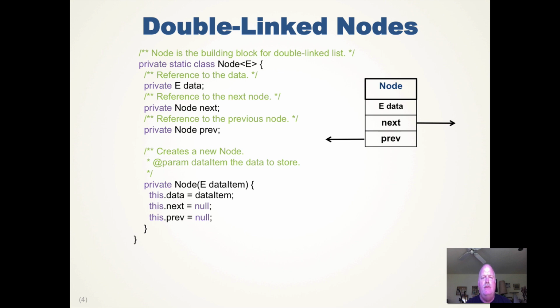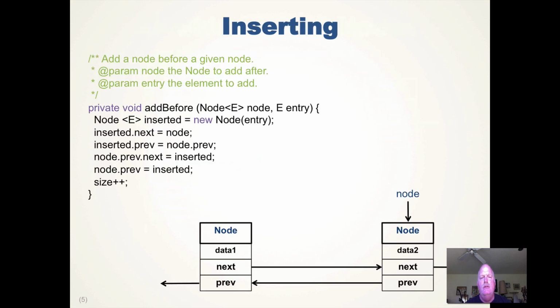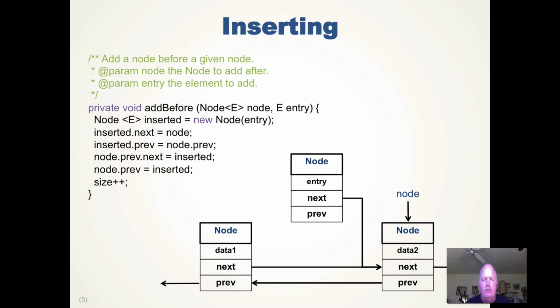So what does this allow us to do? We can now insert a node before any node that we have. For example, we are pointing to the node there. What's the first thing we do? We create a new node, and then we assign a private variable, inserted. We then want to set inserted's next to the correct thing, so next points to node, and inserted previous equals node previous.